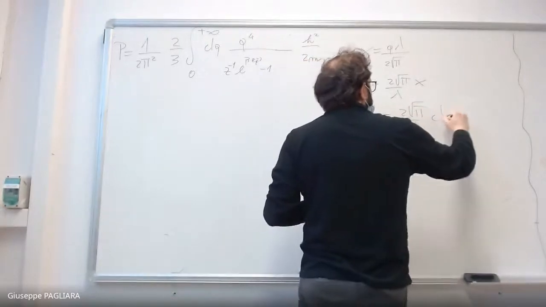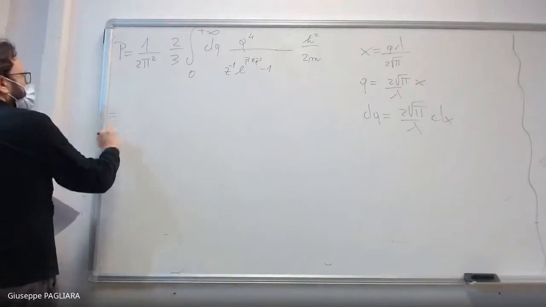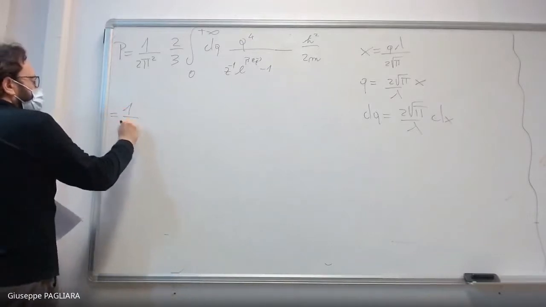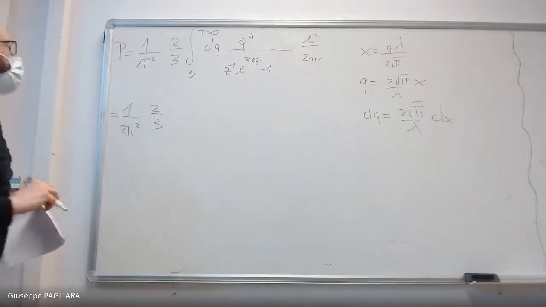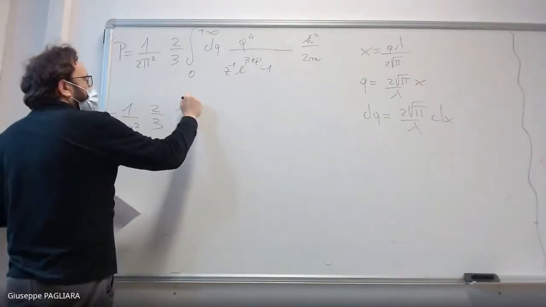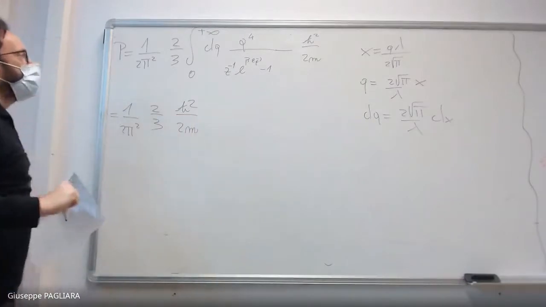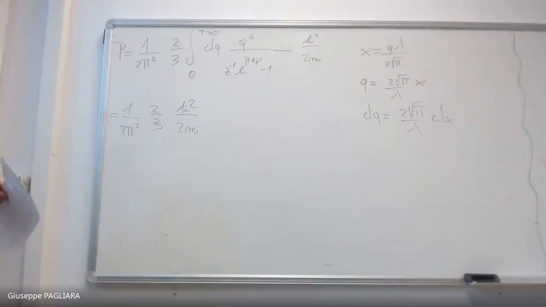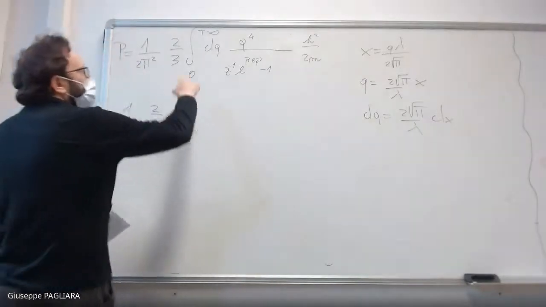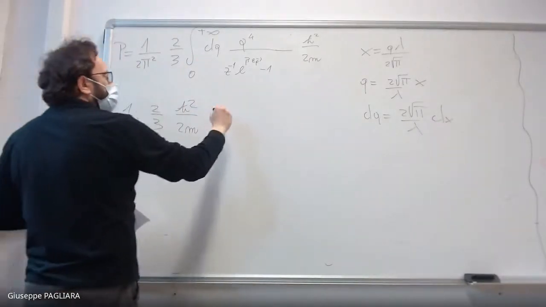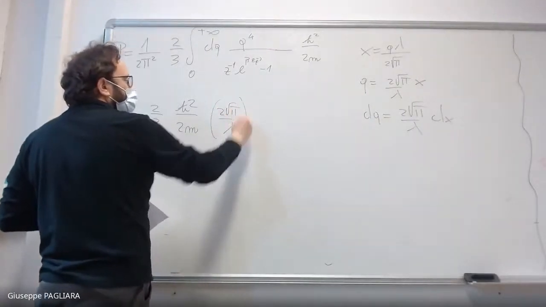dx over lambda. So here I have 1 divided by 2 pi squared, and I have a 2/3. And then I have h squared divided by 2m, h squared divided by 2m. And here I have dq, which now is 2 square root of pi divided by lambda.